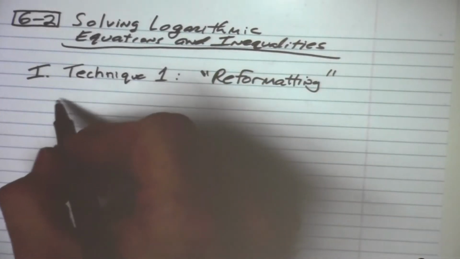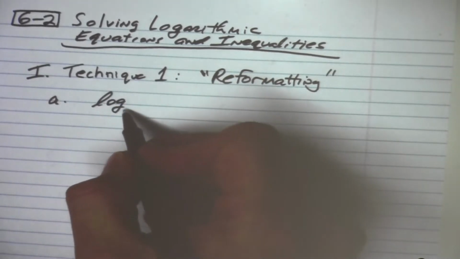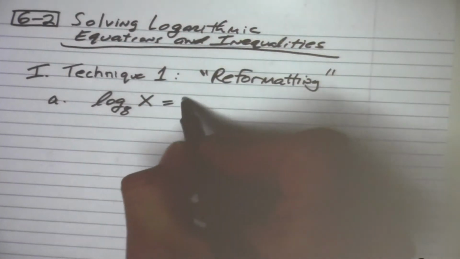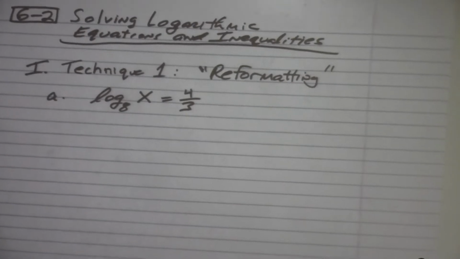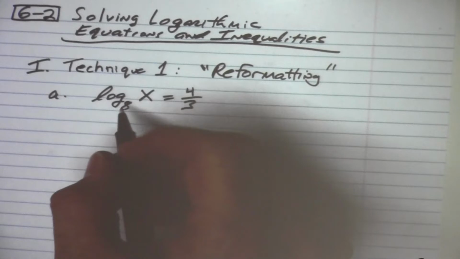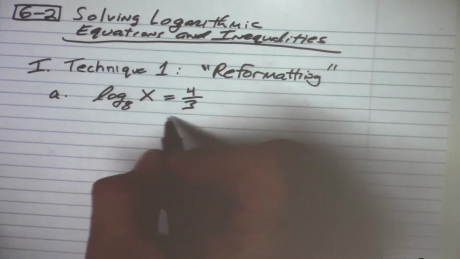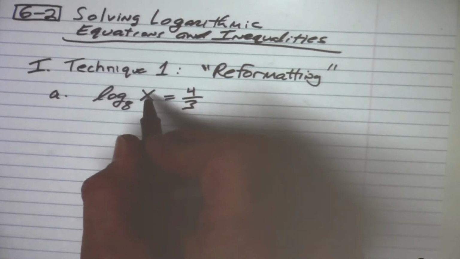Let's do a couple of examples of this. Let's take log base 8 of x equals 4 over 3. The definition of logarithms is that this base raised to that power will give this number, whatever it is.